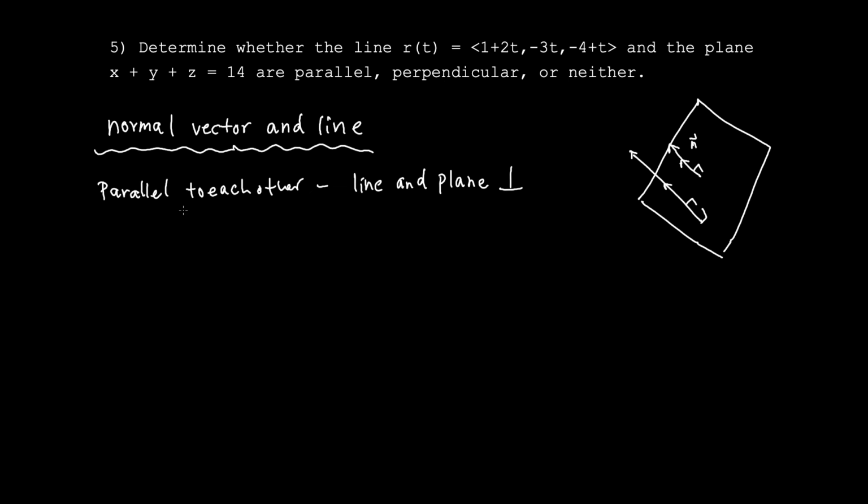If the normal vector and the line are perpendicular to each other, so if this is not the case now, but we have the line perpendicular to the normal vector, then the line and the plane will now be parallel to each other.